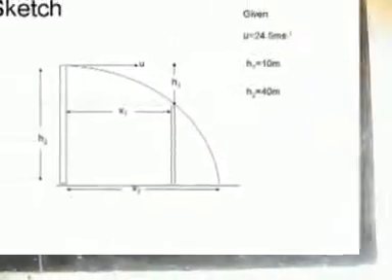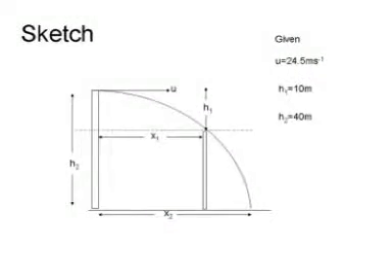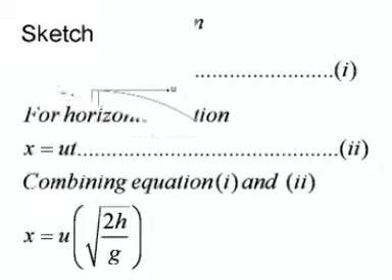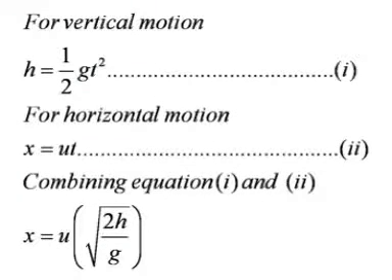After reading through the question, you should be able to come up with a proper sketch, and that is what is shown in the figure. Looking at that figure, our major aim is finding the relationship between the horizontal displacement and the vertical displacement. For vertical motion, h equals a half gt squared. For horizontal motion, x equals ut.